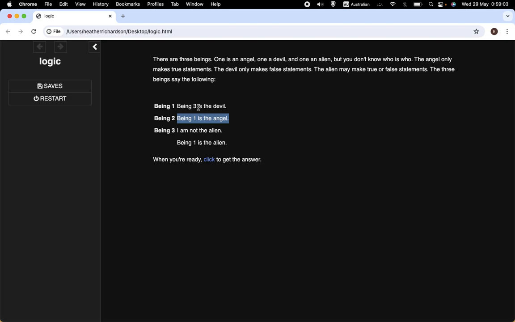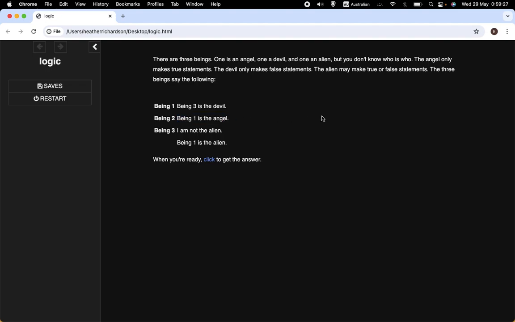And because being one can't also be the devil, they would have to be the alien. In other words, broadly, we know that being two is not the angel. And specifically, if they're the devil, then the beings are alien, devil, and angel, respectively, if that makes sense.